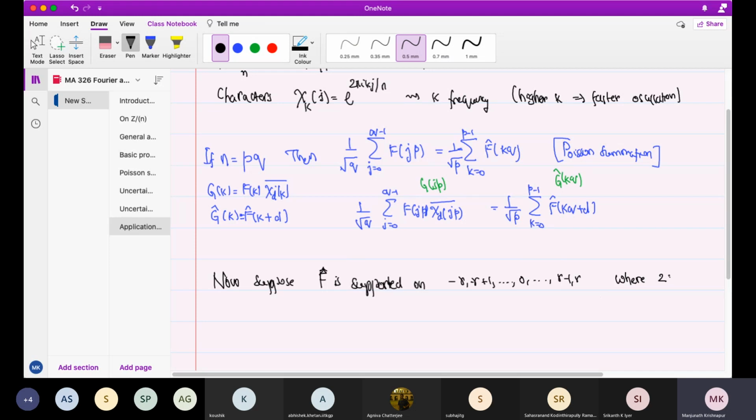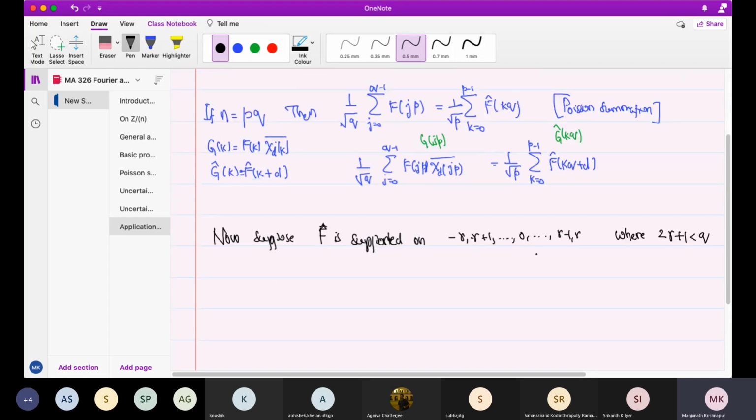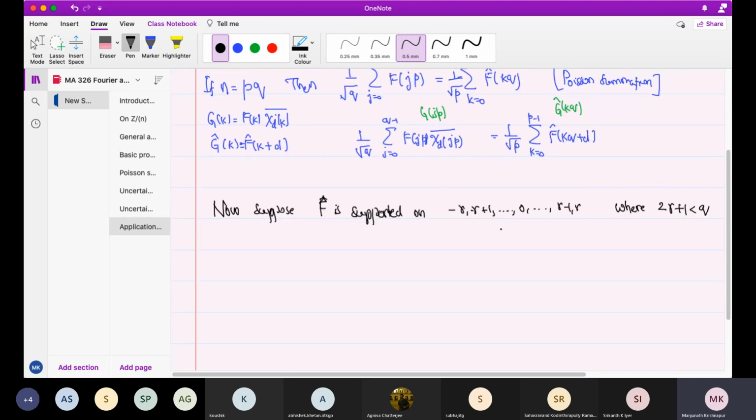I think I take 2r plus 1 less than q, or less than or equal to, I don't care too much about that. So suppose I do this. The meaning of this is f hat is not using very high frequencies. It is using somewhat low frequencies where this 2r plus 1 is less than q. So then what is the 2r plus 1 less than q going to make?